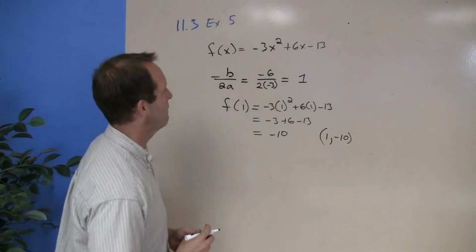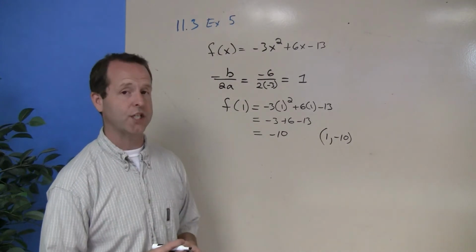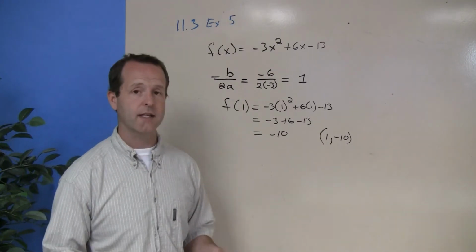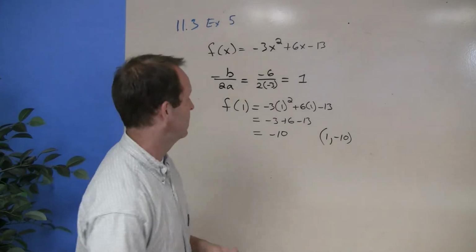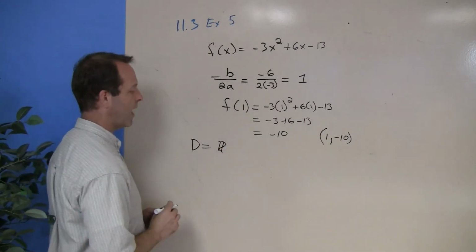And the last piece that we can determine from this is what its domain and what its range is. Well, the domain of all quadratics is all real numbers. That's one way to write it.